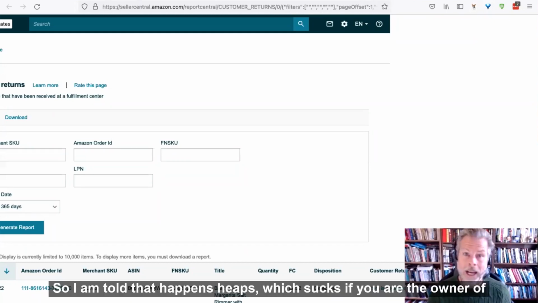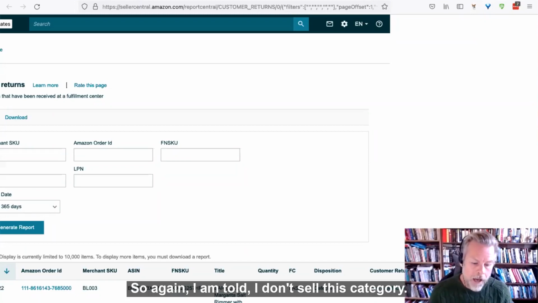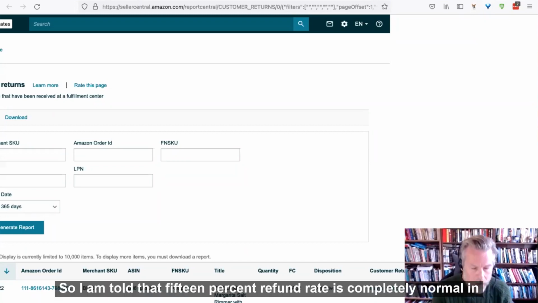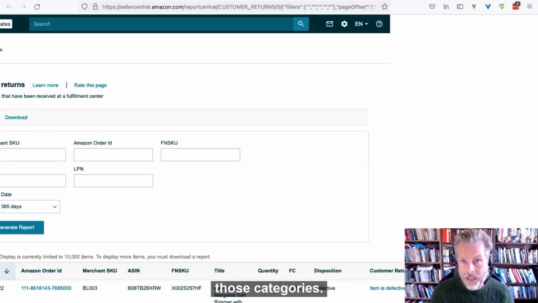I am told that happens heaps, which sucks if you are the owner of those products. I don't sell in this category, so I'm told that a 15% refund rate is completely normal in those categories, okay?